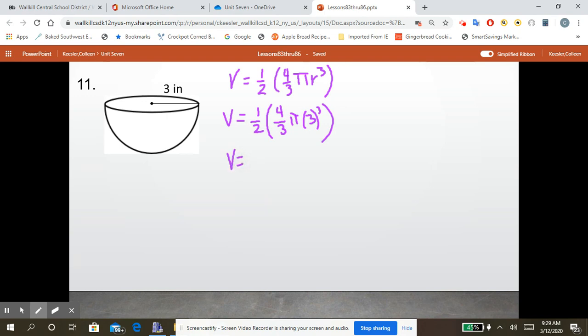So that's, again, volume equals 1/2 times 4/3 pi. And hopefully you remember that 3 cubed is 3 times 3 times 3, or 27. Then we can multiply by 4/3. 27 divided by 3 is 9, and 9 times 4 is 36 pi.